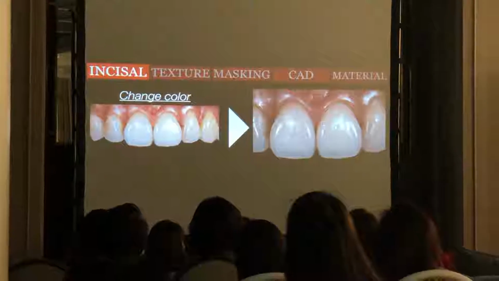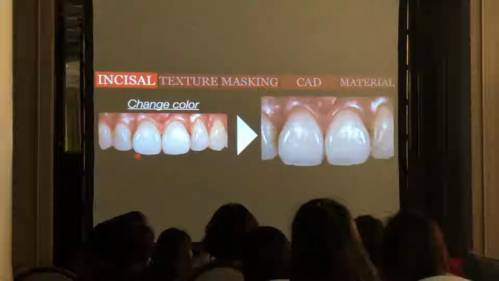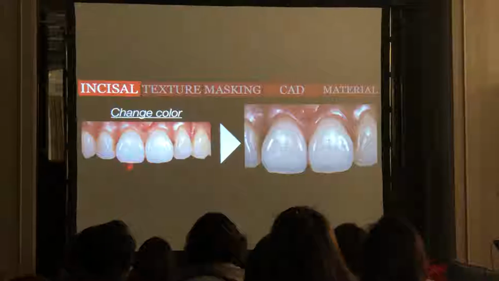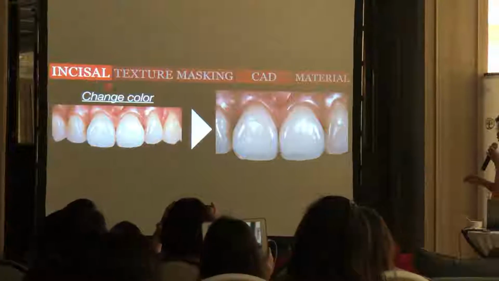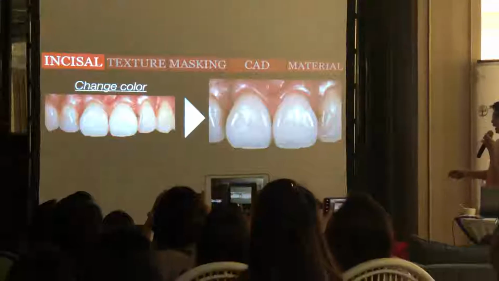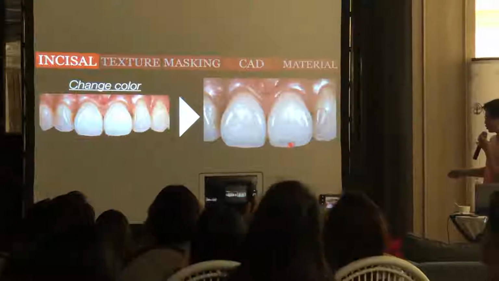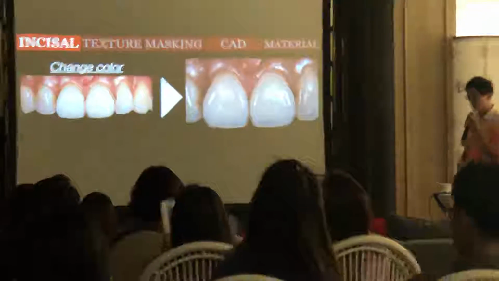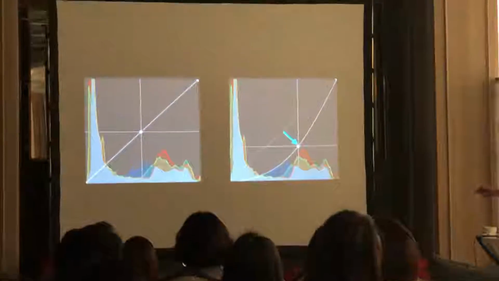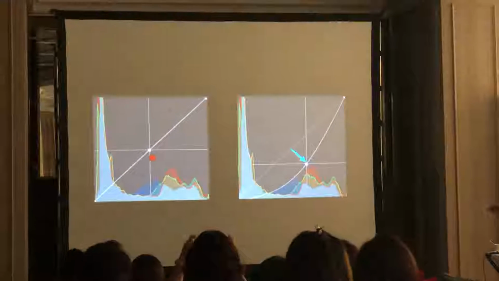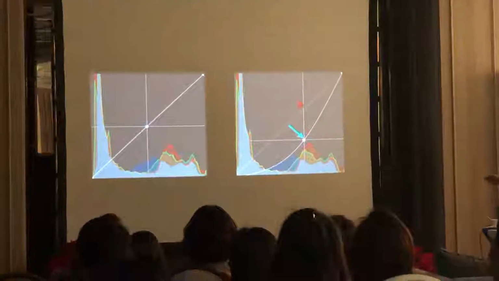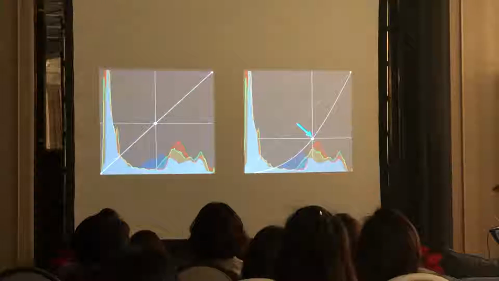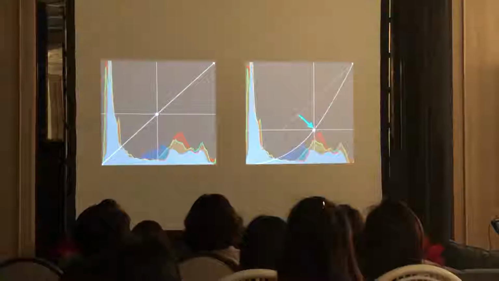If you take a photo like this one to the right, where the incisal edge cannot be seen very clearly, you need to change the color in the software, and you can see the incisal edge translucency better. In the software, you can call out a chart and put this point to the lower right, and then the tooth color will change.